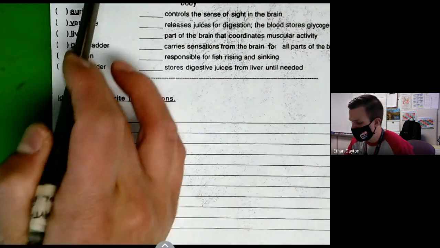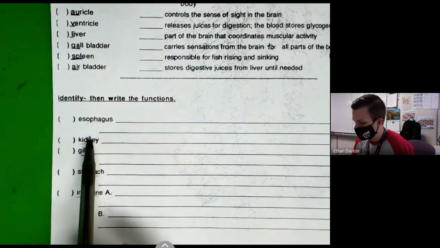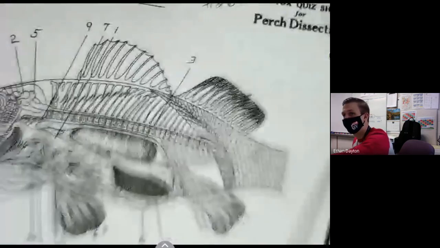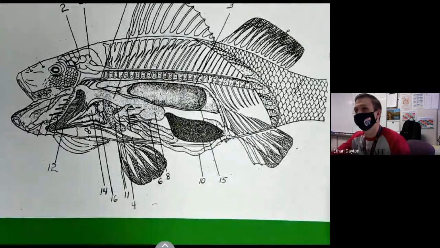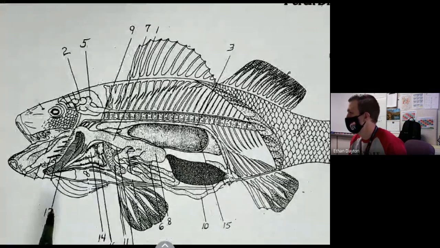Now there are 1, 2, 3, 4, 5, 6, 7, 8, 9, 10, 11, 12, 13, 14, 15 body parts. You might say, well, wait a second. How come there's 16 being pointed to? There's not. There is no number 13.